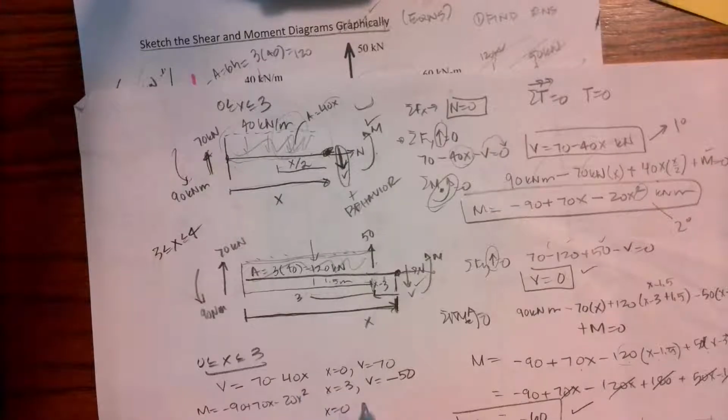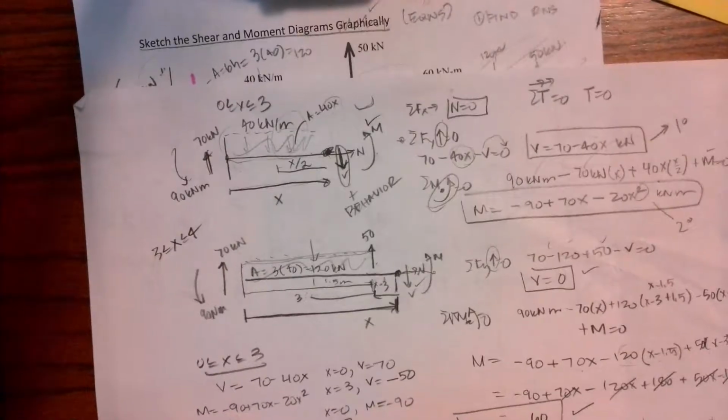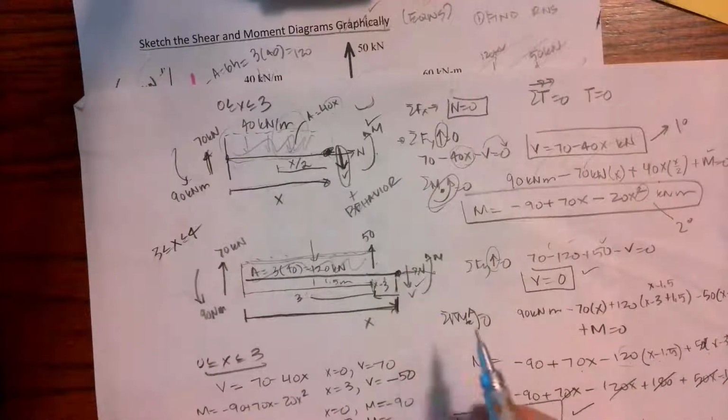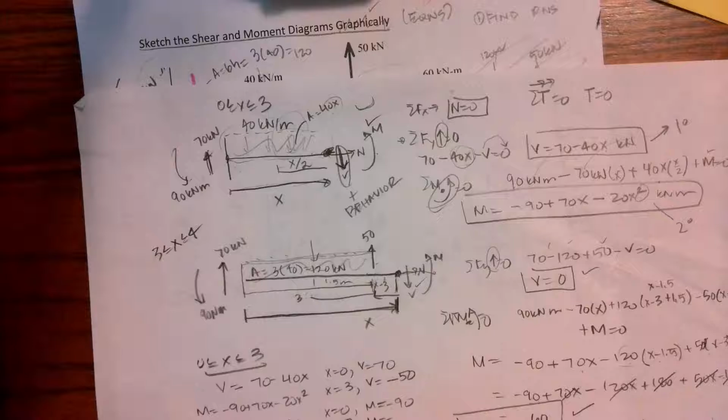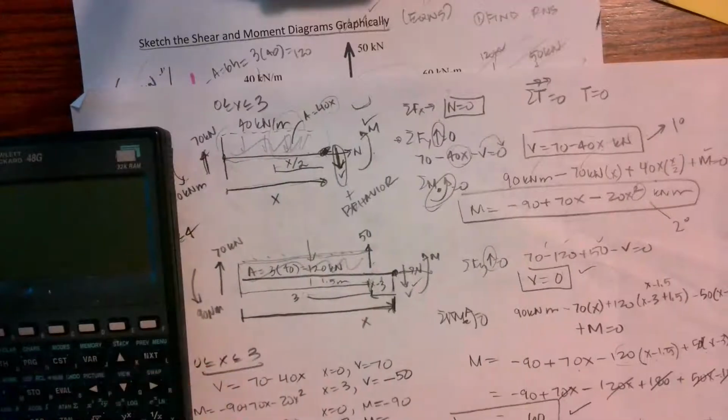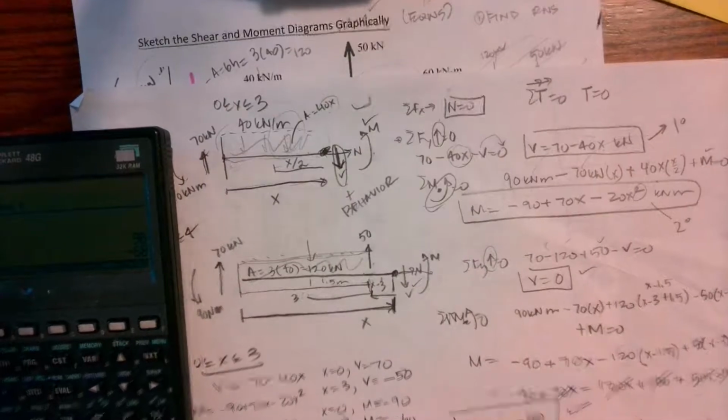When x equals 0, my moment is negative 90. When x equals 3, my moment equals, well, I have negative 90 plus 210 minus 3 times 3 is 9, minus 180. And that's a lot of math to do in my head. So I have negative 90, plus 210, minus 180, and I get negative 60.